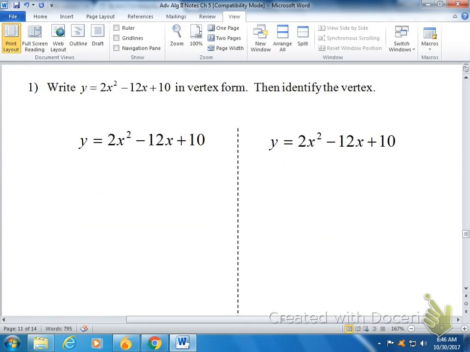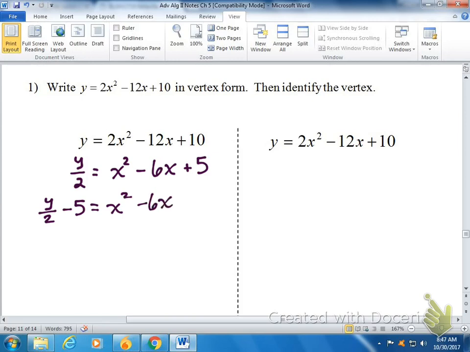In both different ways. The first way, I'm going to divide both sides by the leading coefficient of x squared. When I divide both sides by 2, I'm going to make sure I divide everything by 2. Once I divide everything by 2, I'm going to move the constant to the left side, just like last week, and then I have to figure out what completes the square.